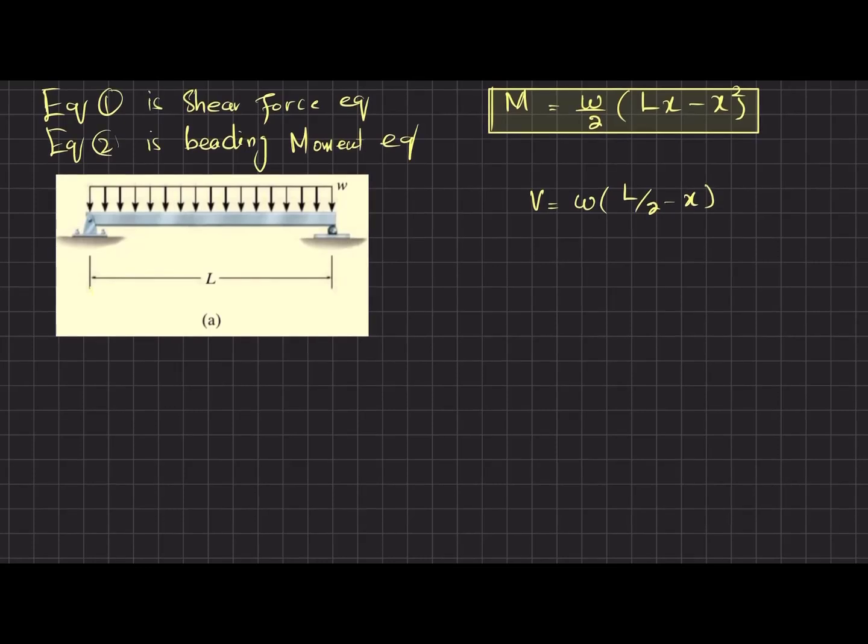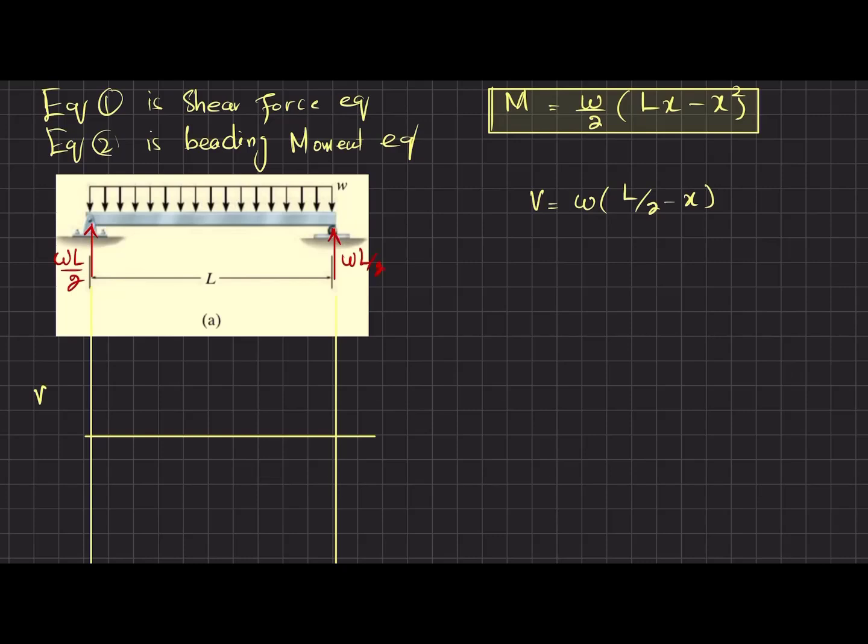So for the shear force diagram, I will draw vertical lines from the ends of the beam, and along the horizontal line there will be the length of the beam. Now you can see at this point you have a reaction force which was WL over 2, and there is also a reaction force WL over 2.